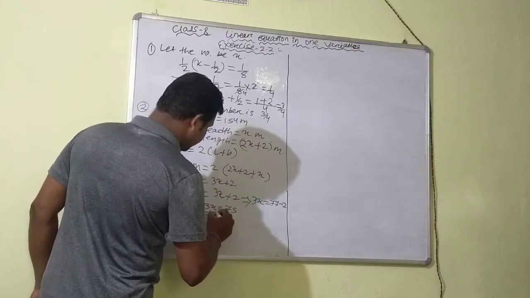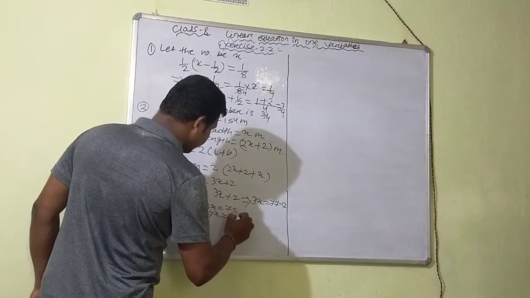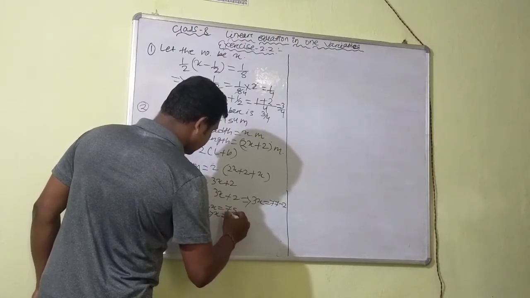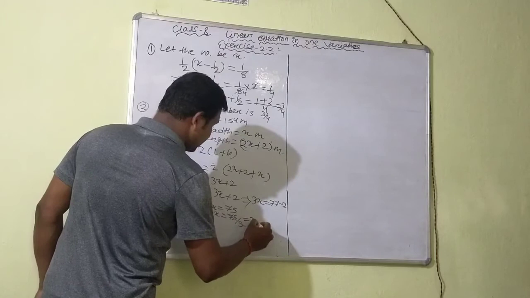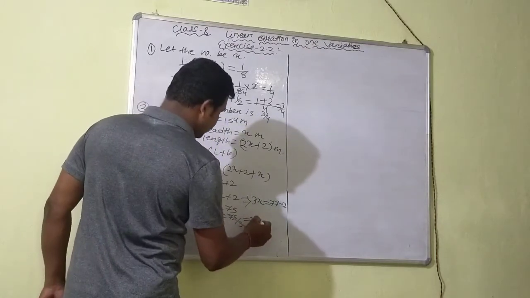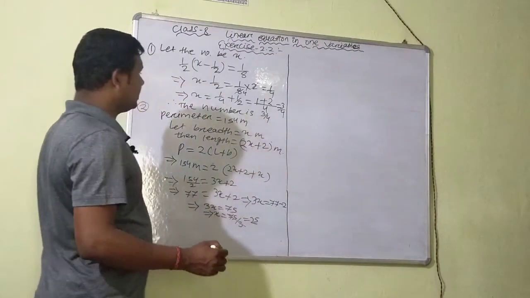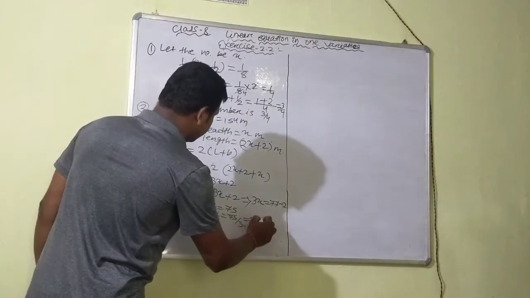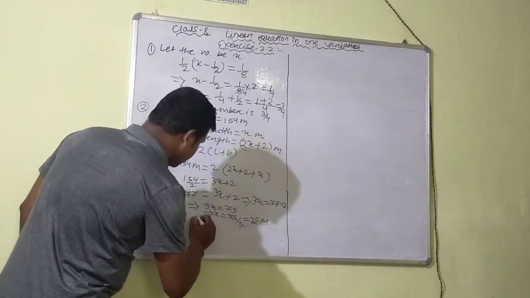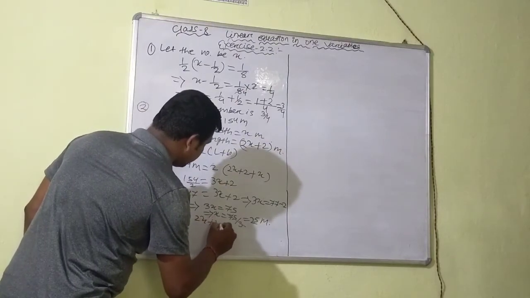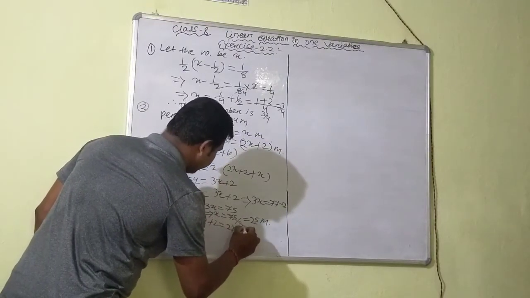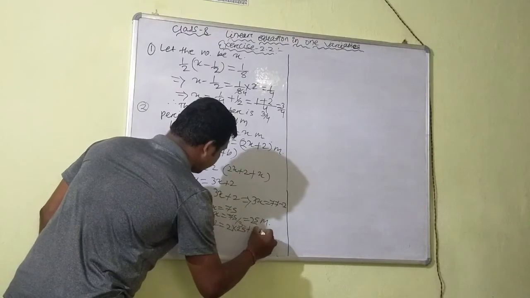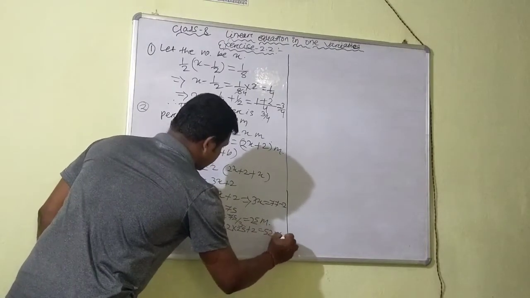So our answer will be x equal to 75 by 3. 3 2s are 6, and 3 5s are 15, so 25. X value is 25, means breadth we got 25 meter, and length is 2x plus 2, which is 2 into 25 plus 2, that is 52 meter.